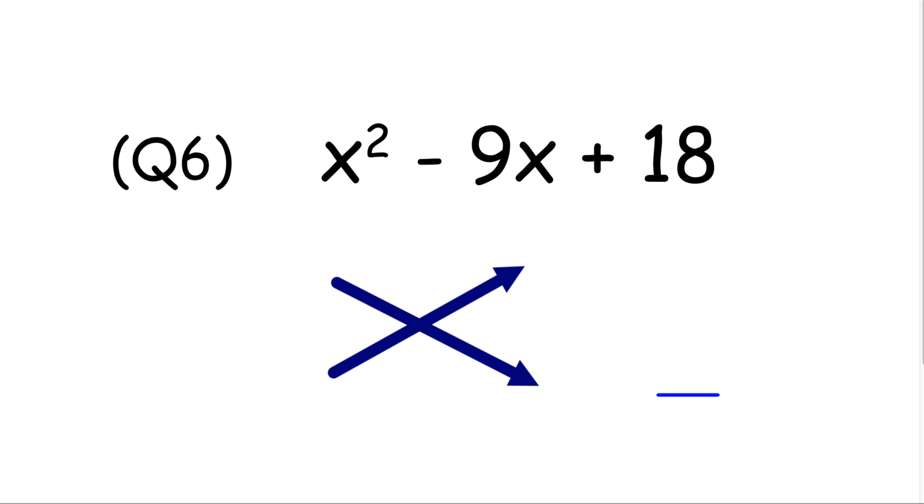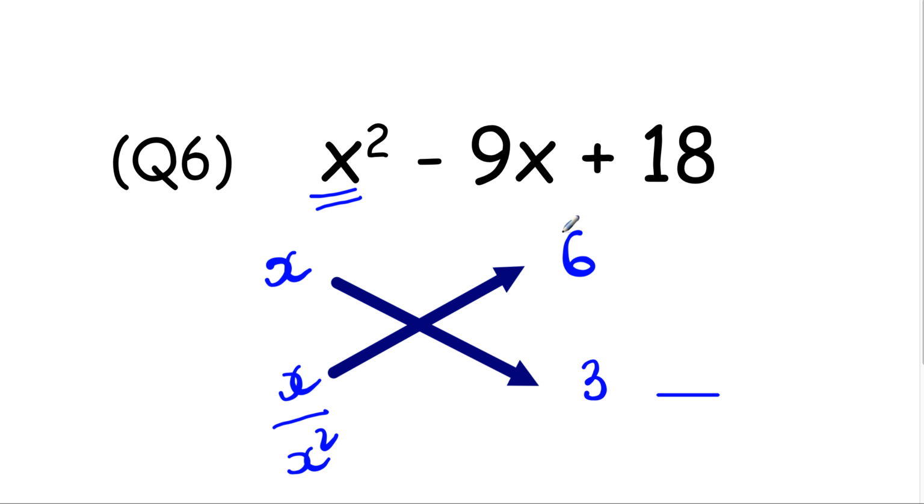Okay, next question. Using this crisscross method, I've got x and x. They multiply to give me the x squared, which is this part. Two numbers that multiply to give me +18. So have to think what two numbers that is. So we're going to try now 6 and 3.